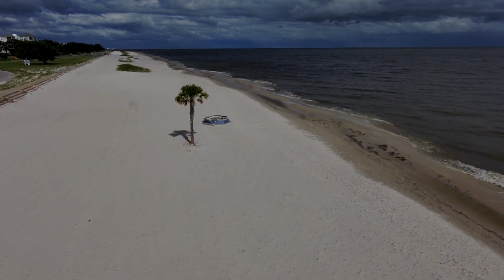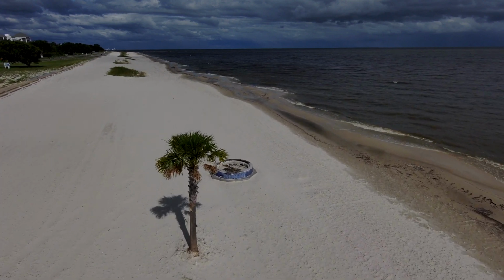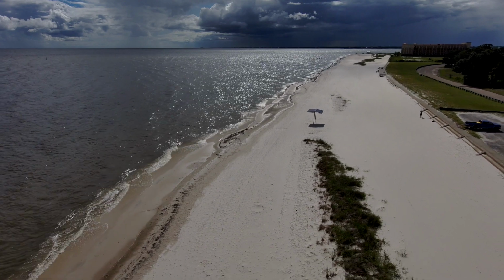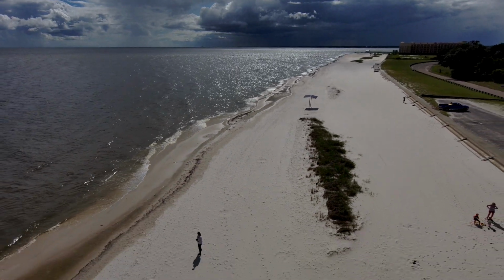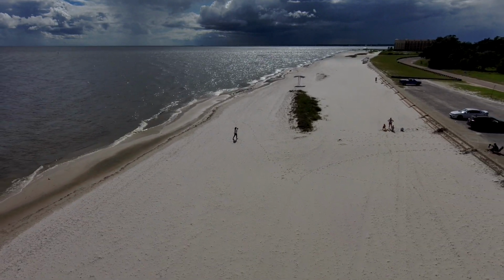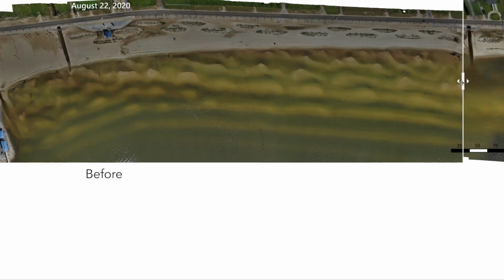Using drones, we can fly up and down the beach, covering a much larger spatial area with higher resolution than we were able to do before drones were readily available. With drones, we take the images, stitch them together, georectify them, and create maps of the three-dimensional topography of the beach.